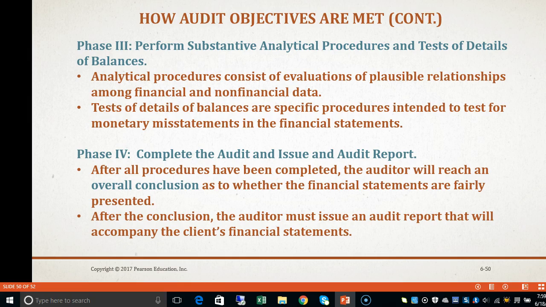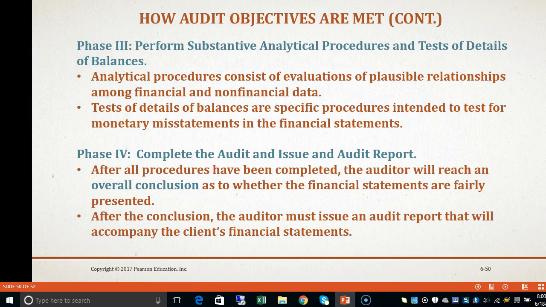Phase 3, perform substantive analytical procedures and tests of details. Analytical procedures consist of evaluations of plausible relationships among financial and non-financial data. What that means is, as we know, accounting is basically the performance of debits and credits.